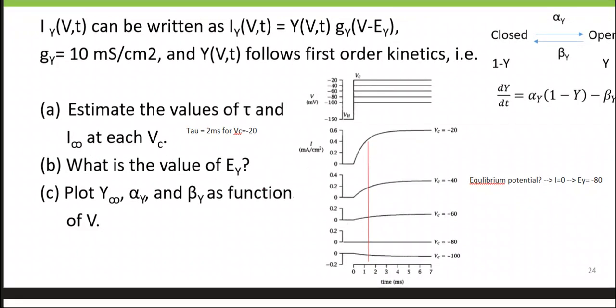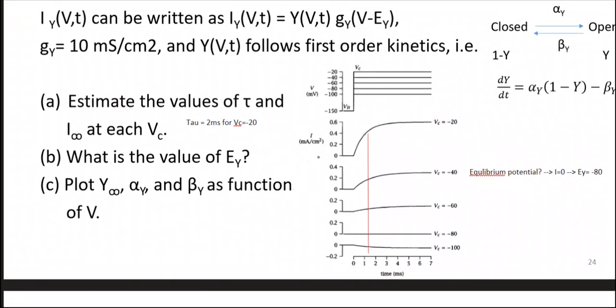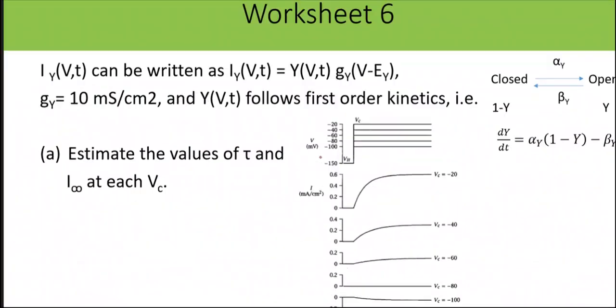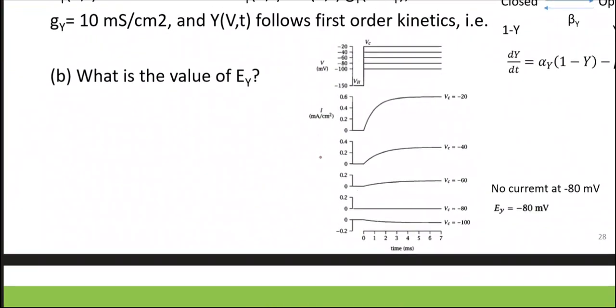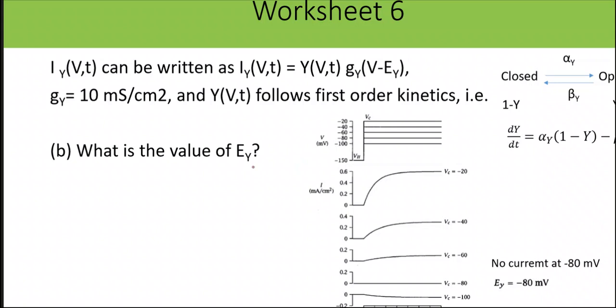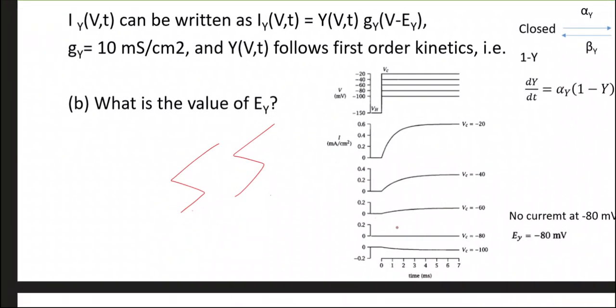Now, what is the value of the E_Y, which is the equilibrium potential? Equilibrium potential is, in other words, a different way to say the steady state value of this current.